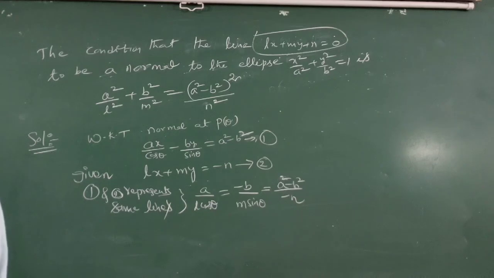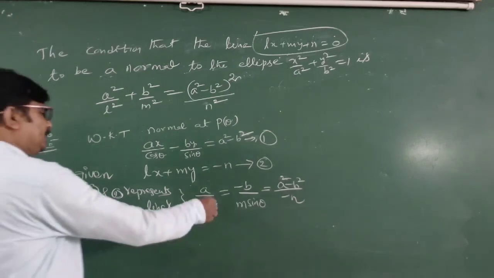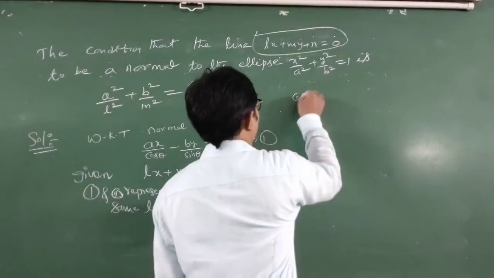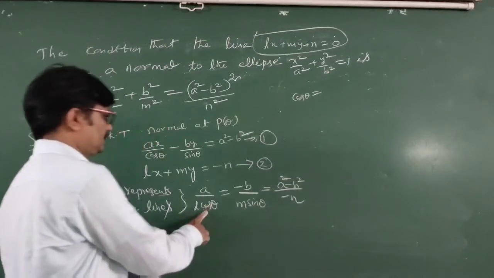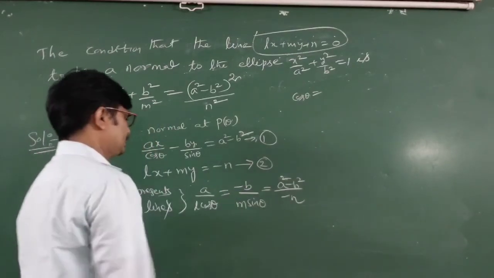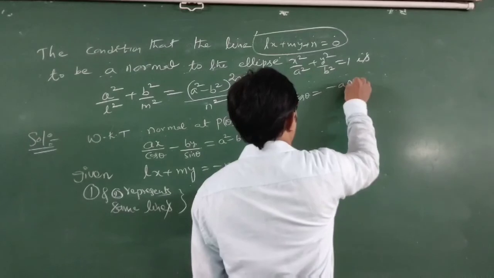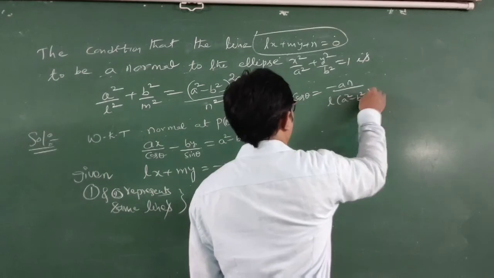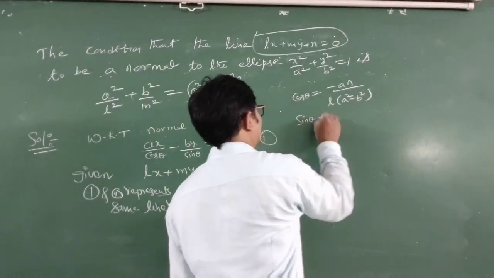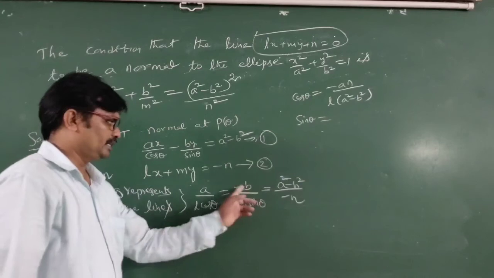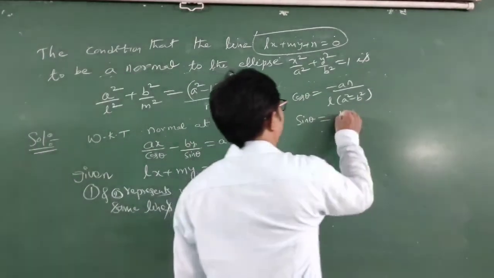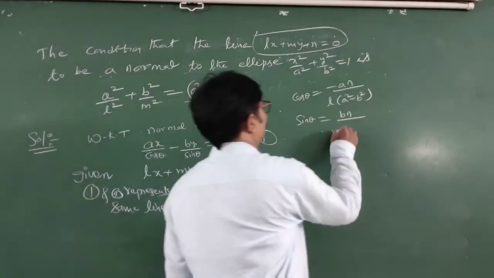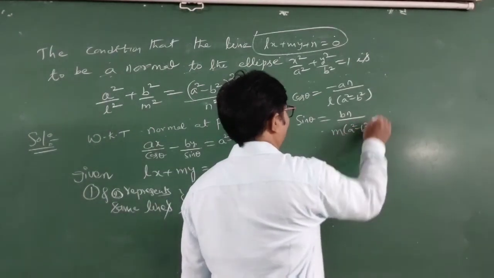From this, cos θ equals minus an by l(a² minus b²), and sin θ equals, minus into minus is plus, bn upon m(a² minus b²).